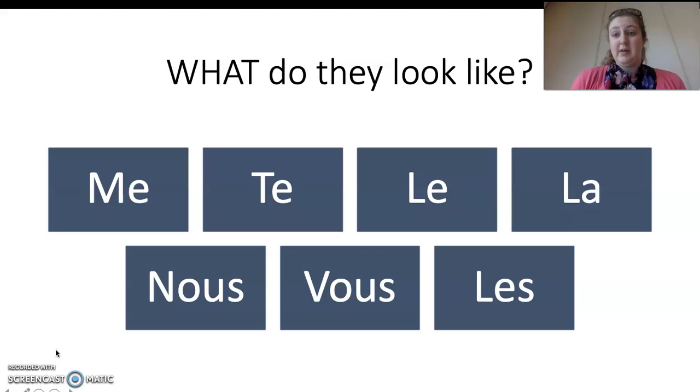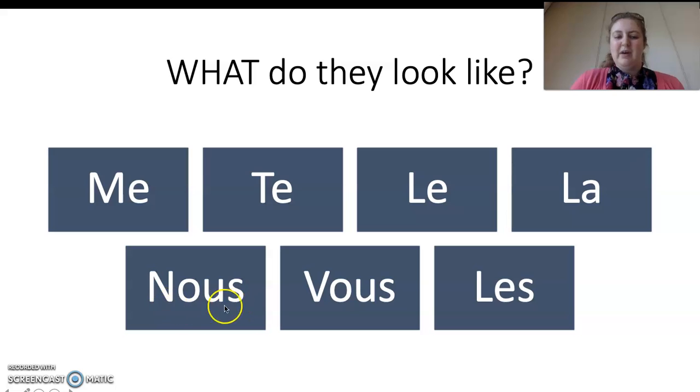What do they look like? Well, you will have seen all of these before. We've got me, which looks like me in English. We have te, which means you. Le, which we use for masculine words that are singular. We have la, for feminine words that are singular.